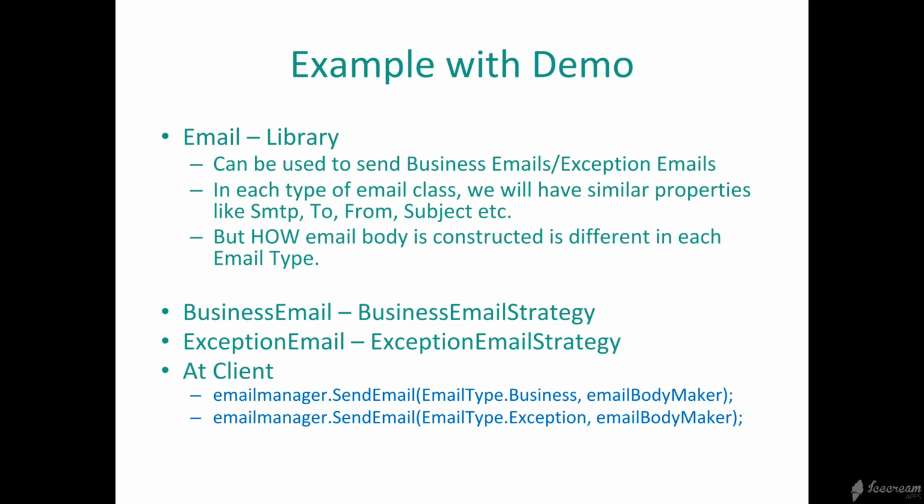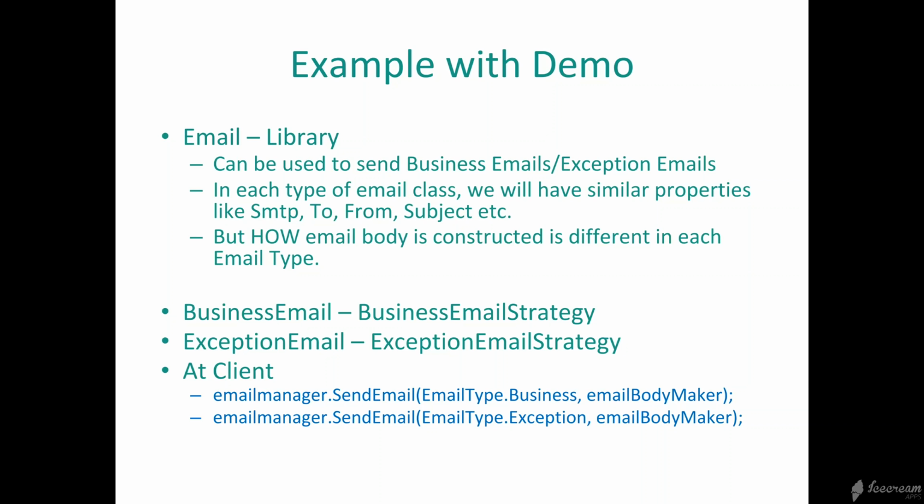In this library, each type of email class, business email or exception email, has similar properties like SMTP, to, from, subject, etc. But how the email body is constructed is different in each email type. That is, the algorithm or the code logic to create the email body is different.